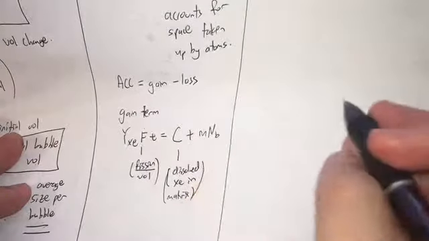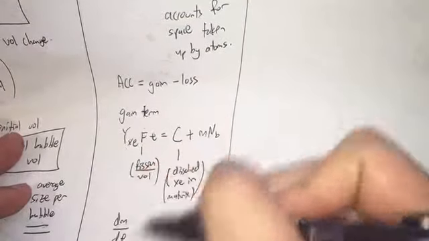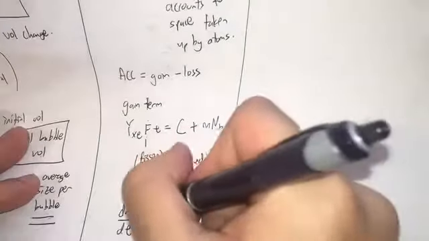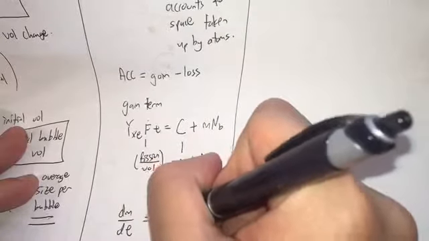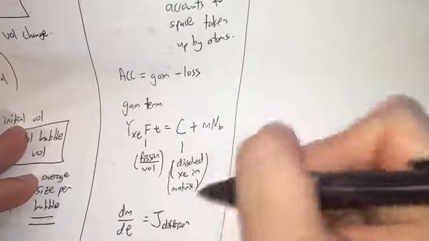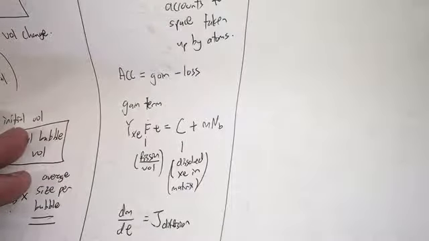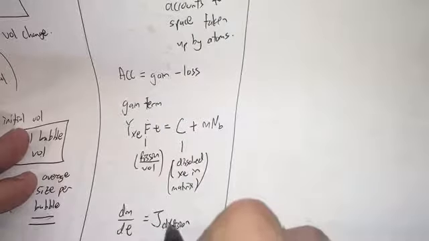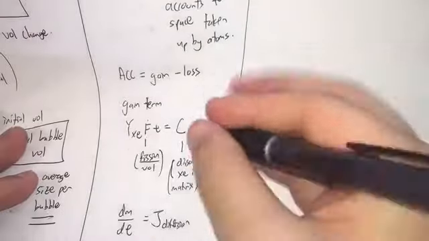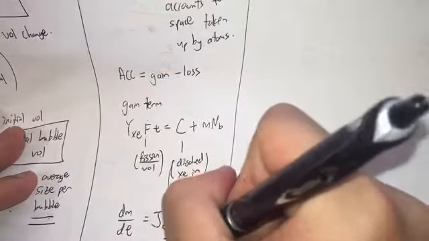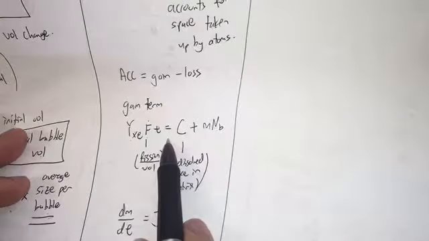For an infinite solid, the dM/dt, which is the accumulation, will be the J of the diffusion, the mass flux times the area of the diffusion, going from the matrix into the bubble, minus the flux rate from the bubble back into the matrix.